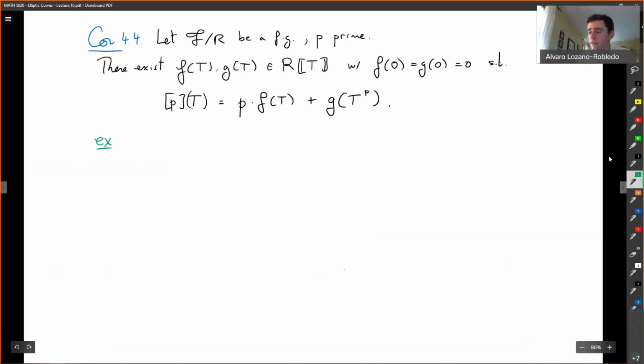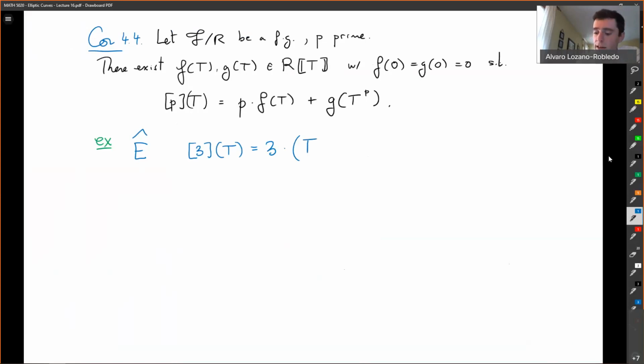Okay, so for example, you can see this in real life. If you have an elliptic curve and look at its formal group, let's look at multiplication by 3. You can write it as 3 times the monomials that are divisible by 3: 3t, minus a1 t squared, plus 4a1 a2 minus 13 a3 t to the 4, plus dot dot.